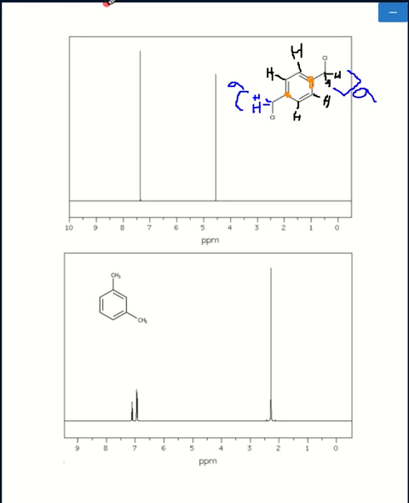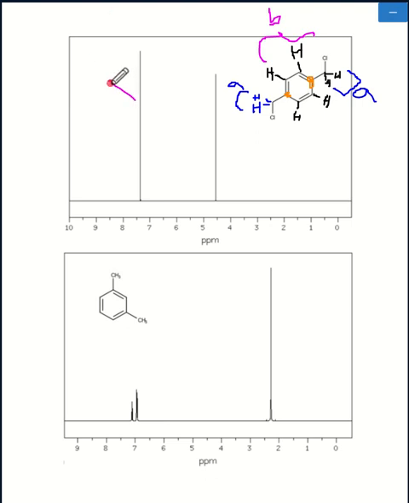And then the hydrogen on the ring itself, well, they would also show up as one particular signal. Therefore, the 4 hydrogen on the ring, I'm just going to label that B. And well, hydrogen on a benzene ring, they like to show up around 7 to 8 parts per million.